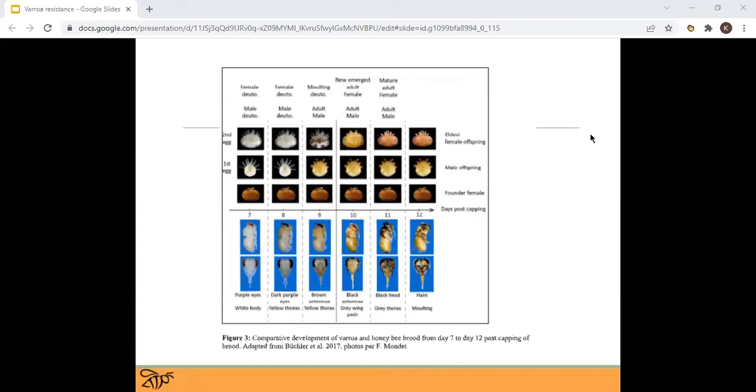We know that there should be a male in there. So you can assess that and compare that to what's actually there. If at any point it's less than what we would expect, if there are fewer offspring than we would expect, if there's no male in the cell, or potentially if there's no offspring at all, we know that that mite's reproduction has been suppressed in some way.